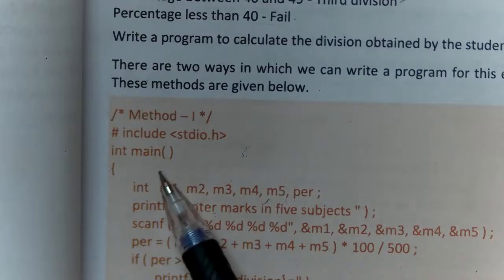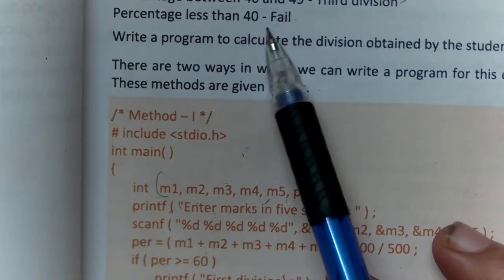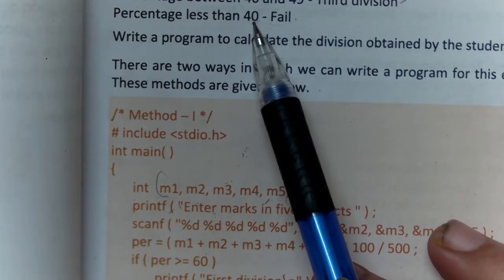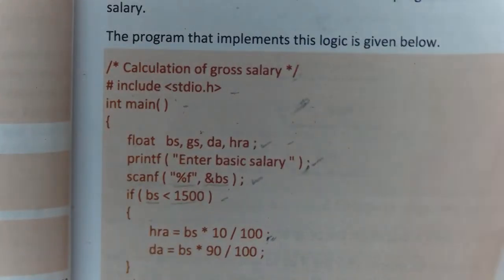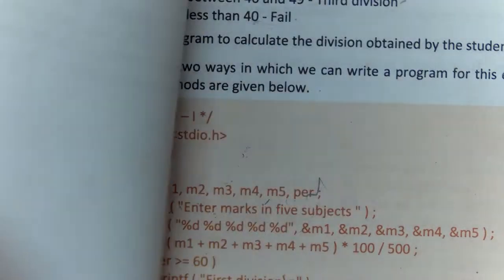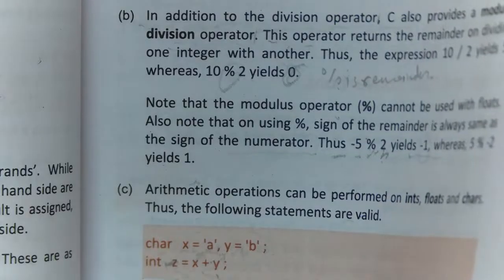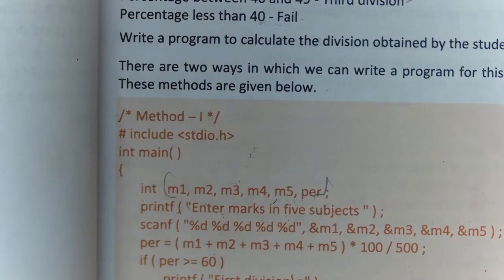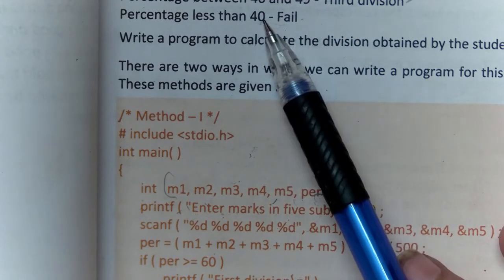We are defining these as integers, because we do not use real numbers, floats, here. These are not decimals. Here we have already defined 60%, 50 to 59, 40 to 49, and below 40 is fail.